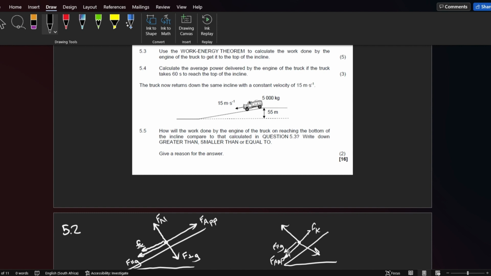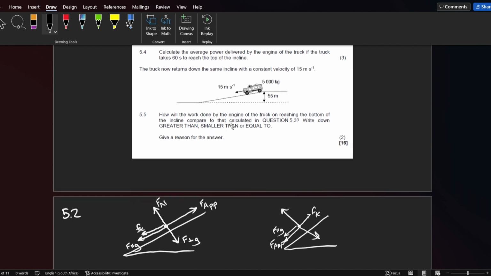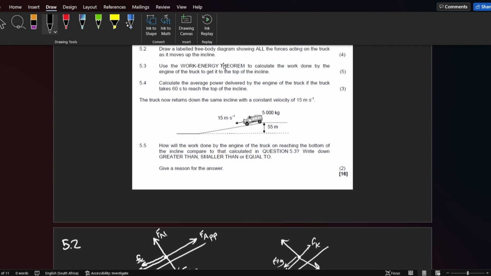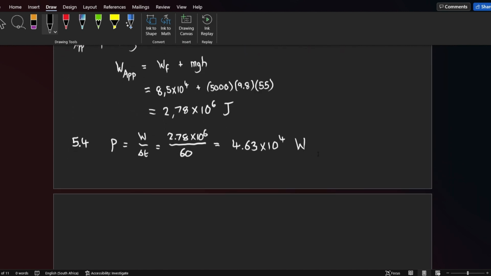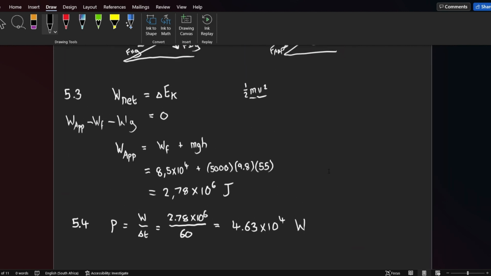And therefore, the work done by the engine, meaning the work done by the applied force on reaching the bottom of the incline, will be smaller than the work done in question 5.3 for the reasons we've just stated, because it's coupled with the parallel component of gravity. So the answer for 5.5 will be smaller than.